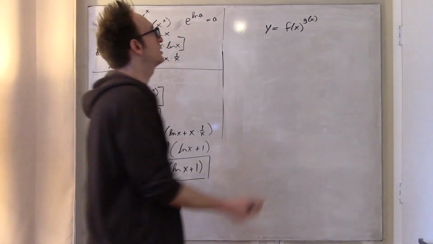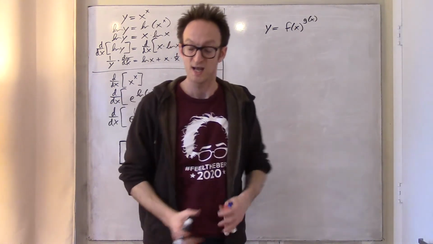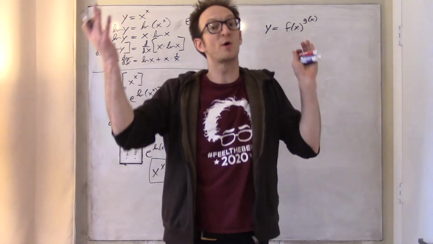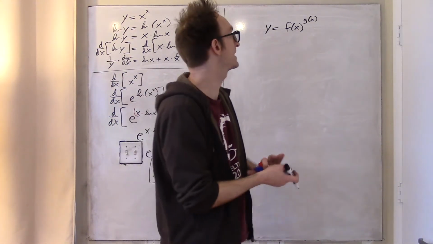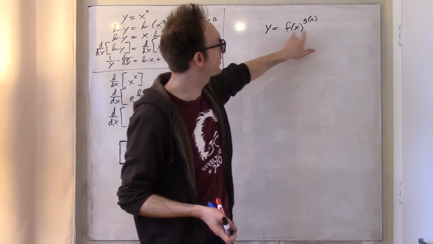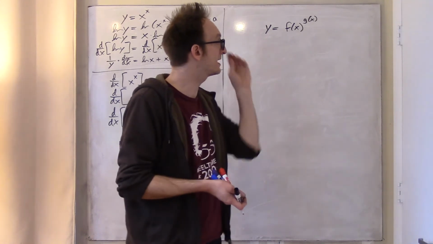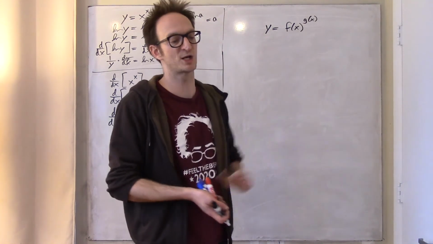You could call this something. I don't even know what to call it. It's not the product rule. It's like the exponent rule or something like that. What do you do when you have one thing raised to the power of another and both of them are growing? The answer is you use logarithmic differentiation.